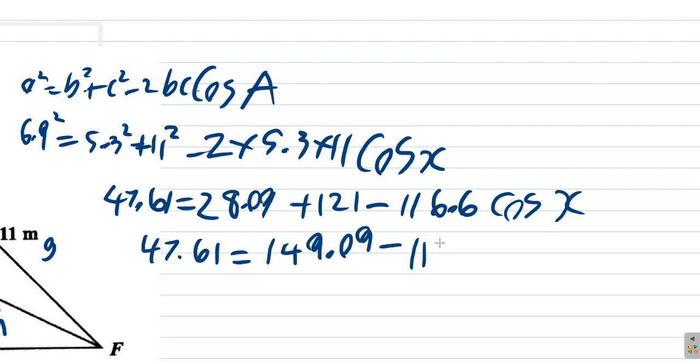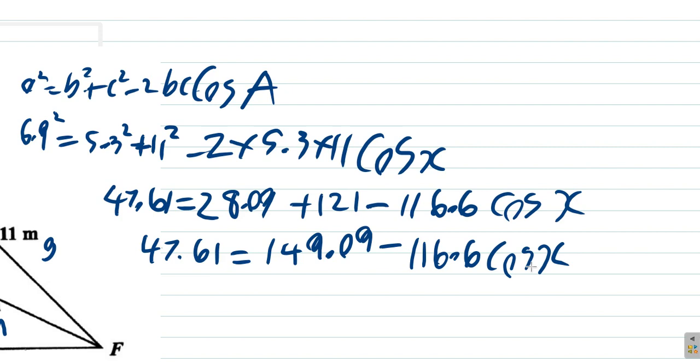149.09 minus 116.6 cos x. And remember, I know you should at all times try to make an attempt and work out the question before you watch the solution. Before you watch the whole video with me working it out. Alright.